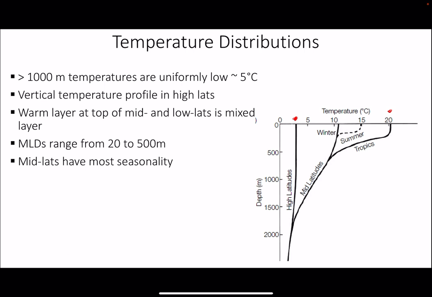Because what happens in the mid-latitudes is there's a lot of seasonality in atmospheric temperature. And so the mid-latitudes will have a thermocline that looks like this in summer. So it'll be warmer and then it'll get colder. And then in the winter, it'll actually cool off a little bit and it'll look more like this. Whereas the tropics look the same and the high latitudes look the same regardless of seasonality.